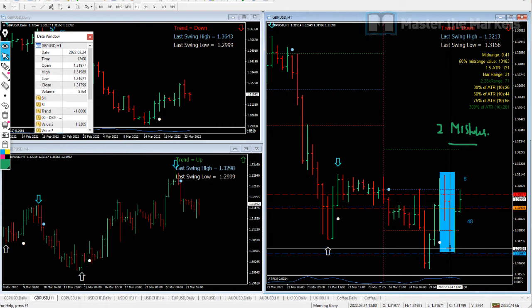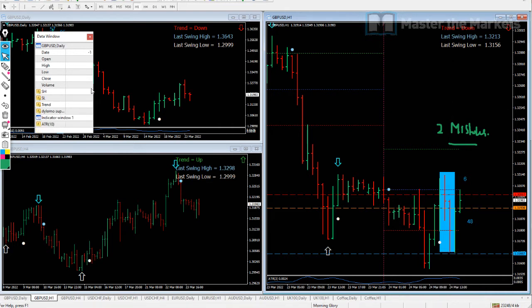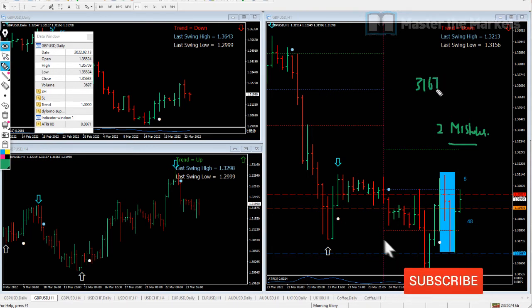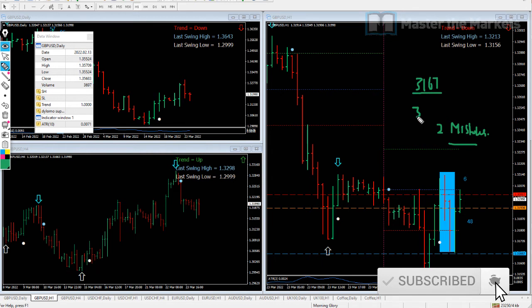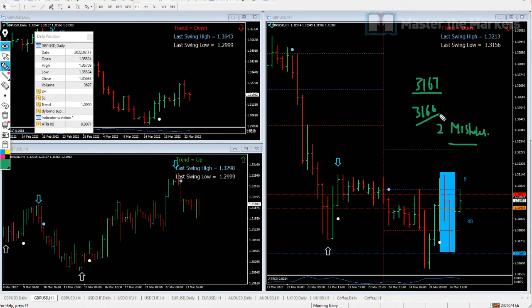The low is actually 3167. The entry price should usually be 1 pip below that, 3166. I did get a bit complacent on that. I just put it at 3167, didn't give the 1 pip leeway.